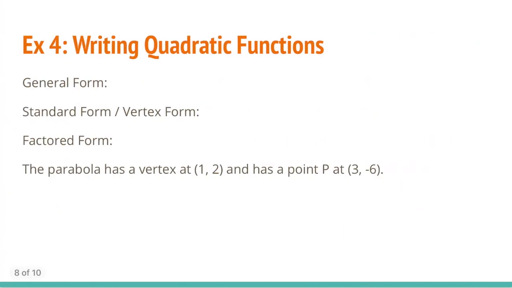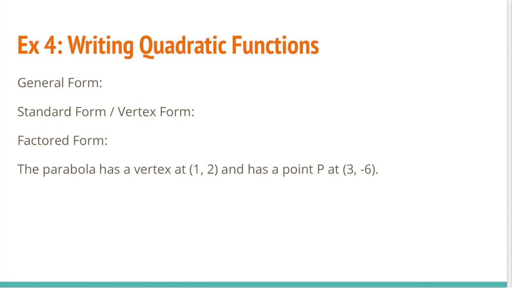Okay, so now we went from general form through standard form, vertex form, factored form, in order to find out a lot about the graph of this function, but we can also go backwards. We can go from having the information of vertex and a point or x-intercepts in order to write an equation.